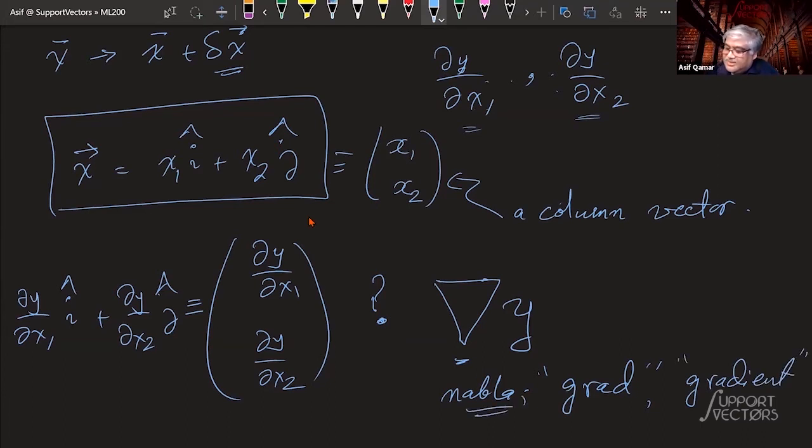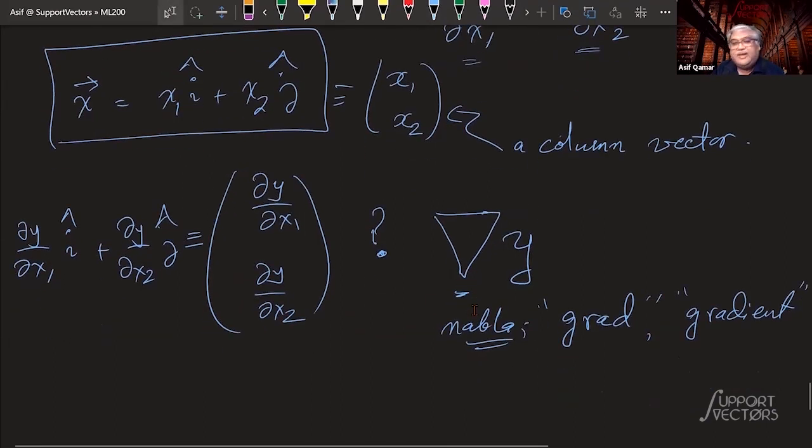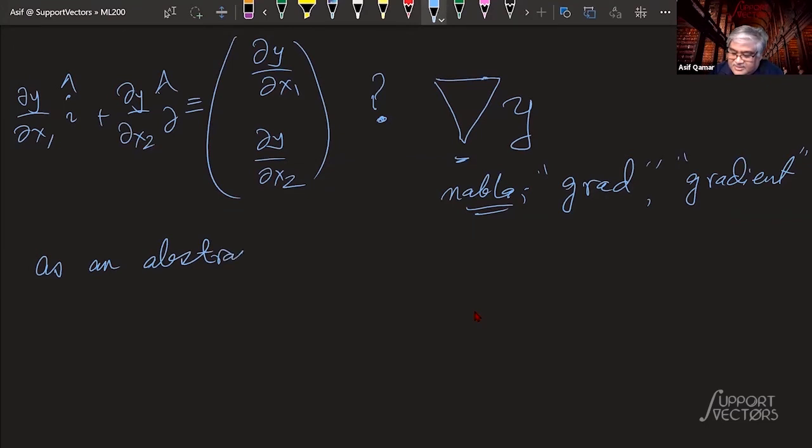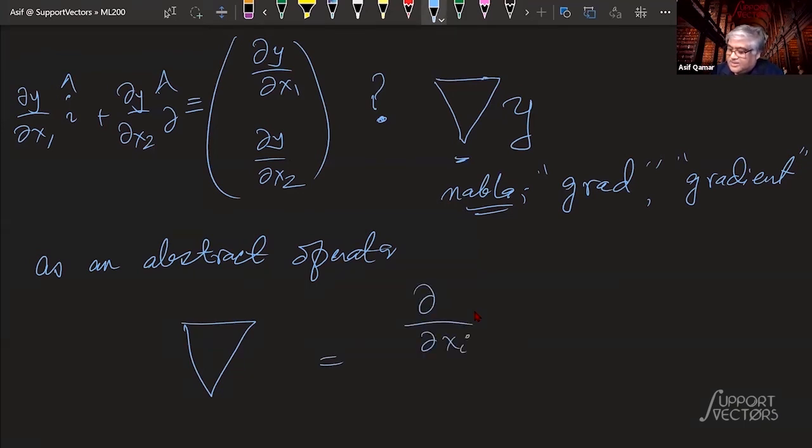Nabla is the Greek letter, so it's the nabla of y. It's called the gradient of y. And more generally, people can just write it as an abstract operator. It is an operator that is waiting to eat something.